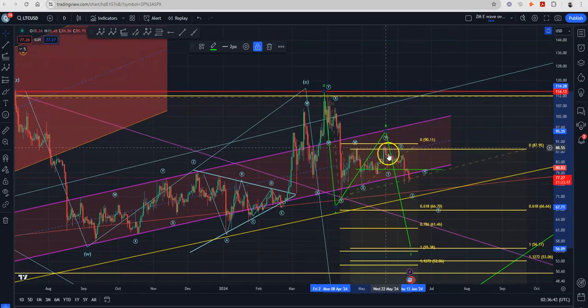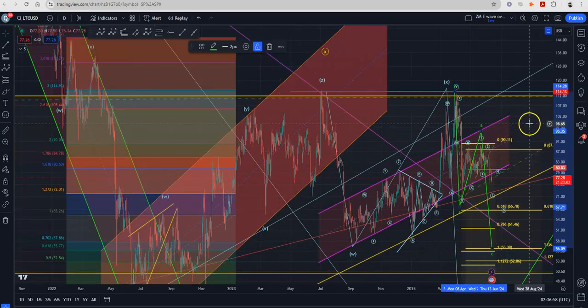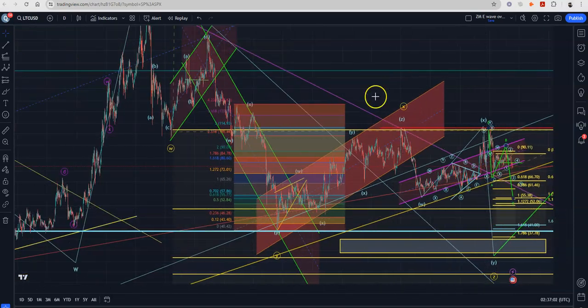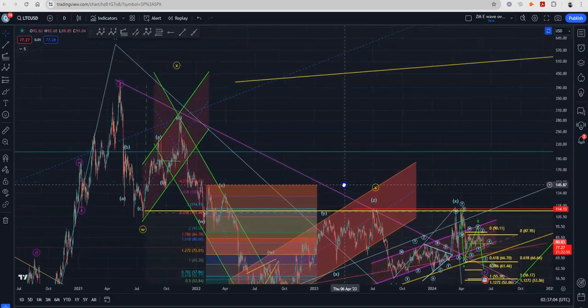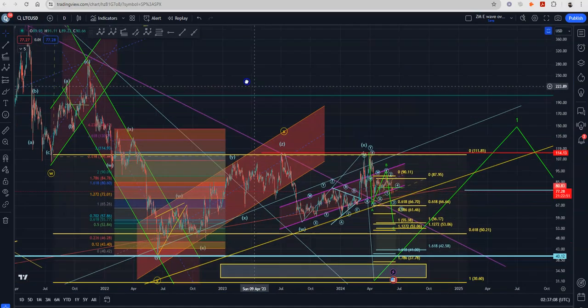So this is what we expect. 1, 2, 3, 4, 5, 1, 2, 3, 4, and then 5 double bottom, and then just rocket ships up from here. Rocket ships. So, you know, it wouldn't be a coincidence if we do a $55 test as support of this giant downtrend.